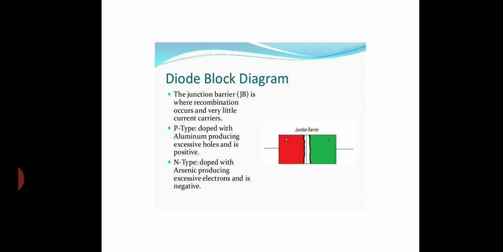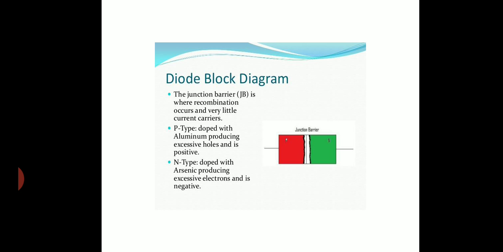Block diagram of a PN junction diode. Here the junction barrier is where recombination occurs and there are very few current carriers in this. So P-type is doped with aluminum producing excessive holes and is positive.